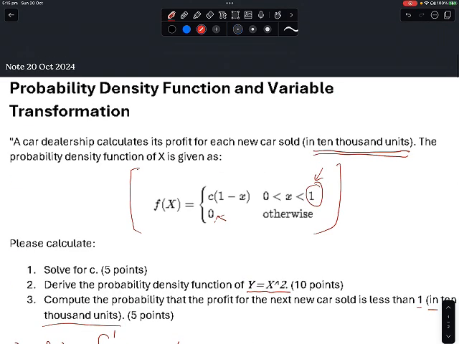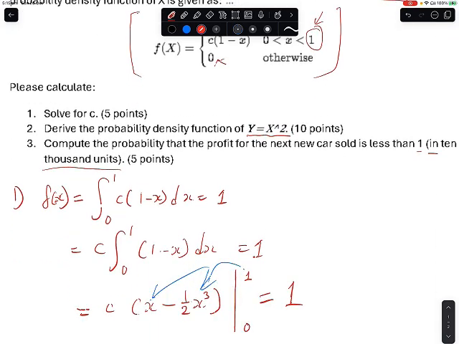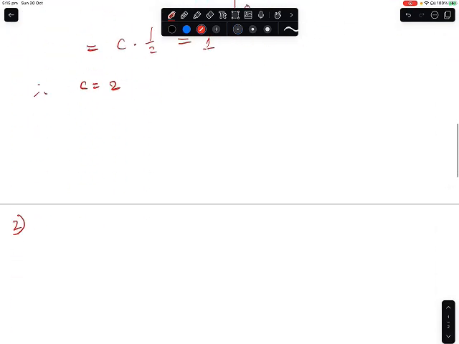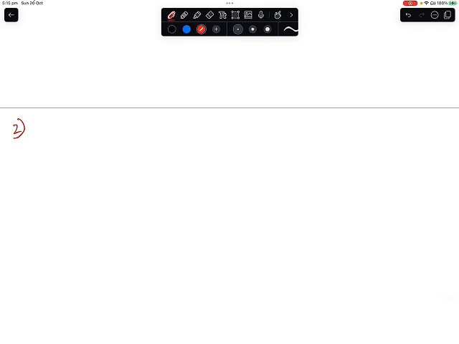The second question is to derive the probability density function of y equal to x squared. We can imagine that if this is x and this is y, then y equal to x squared looks something like this.